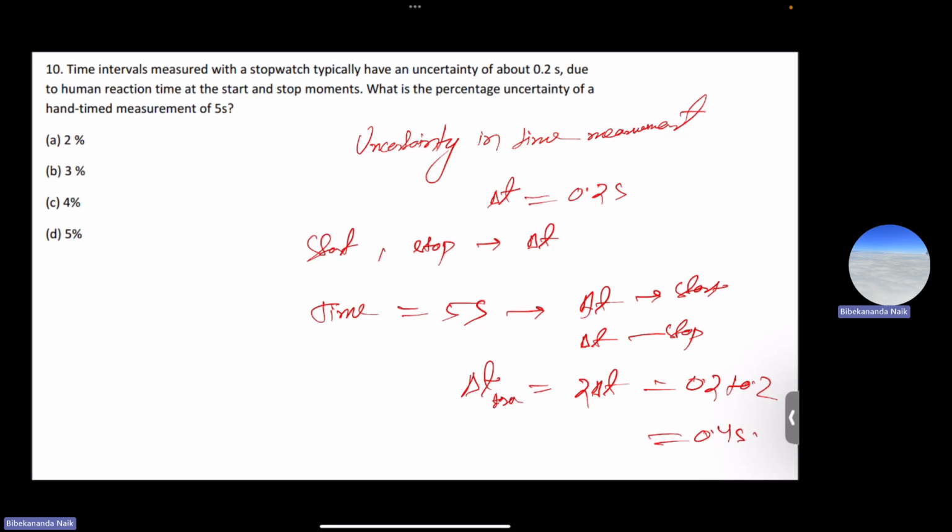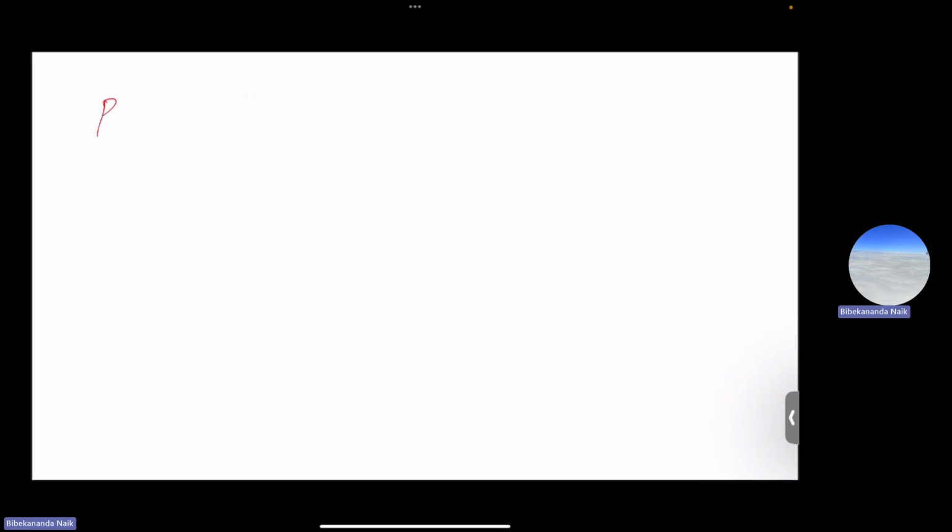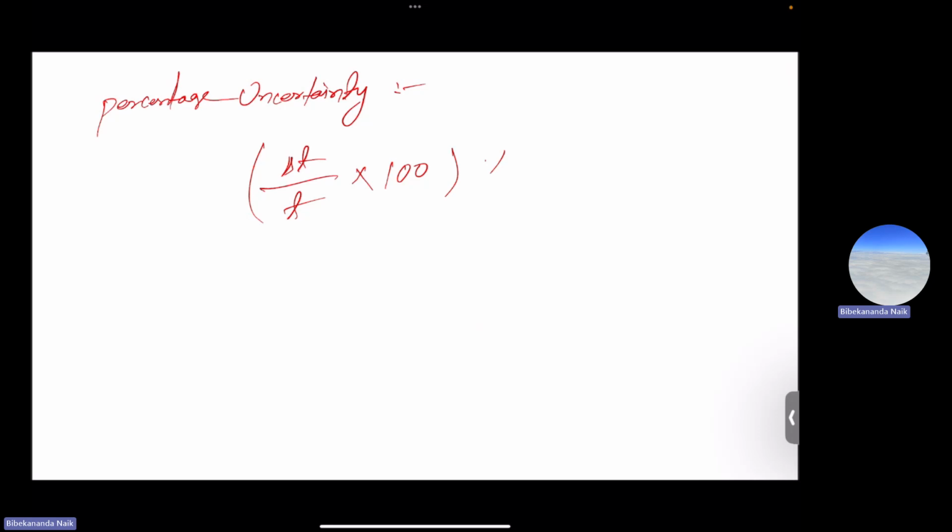So what is the percentage uncertainty? We know percentage uncertainty will be delta t by t into 100%, that implies delta t is 0.4, t is 5, into 100%.